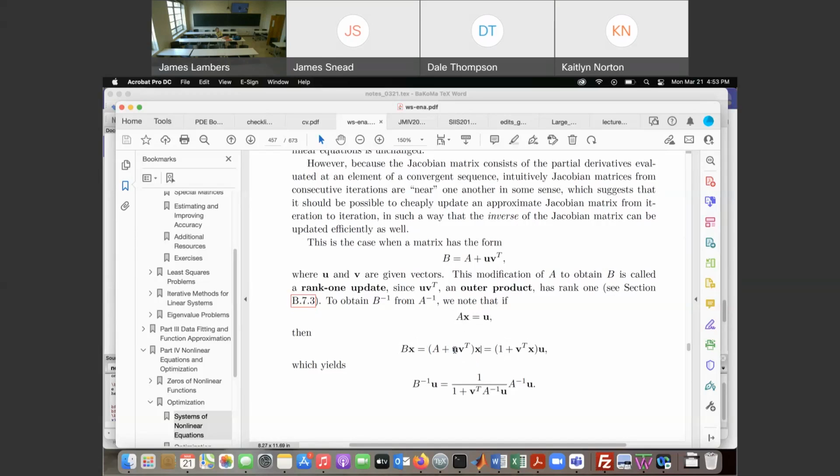And here we have u v transpose x. But v transpose x is a dot product. It's a scalar, a number. So I can move it around wherever I want. And that's what I've done here. So this is equal to A times x, which is u, and then u v transpose x, but that's the same as v transpose x times u. So I can write it like this.